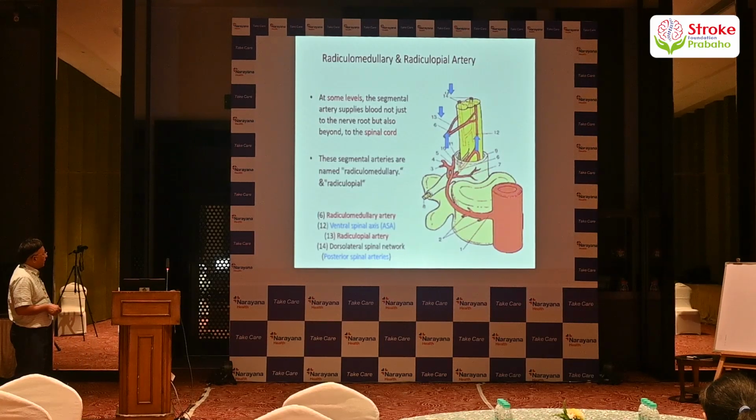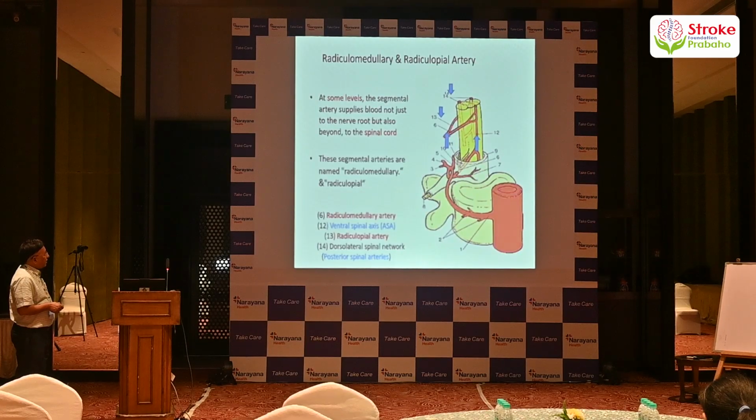So we have seen this is the radicular artery. It is a radiculomeningeal artery which is supplying this nerve root. Then we have a radiculomedullary artery which supplies the anterior spinal axis. So the vessels which supply the anterior spinal axis are called radiculomedullary artery or anterior spinal artery. At this level again we can see the vessel is a radiculomedullary artery because it's supplying the anterior spinal axis.